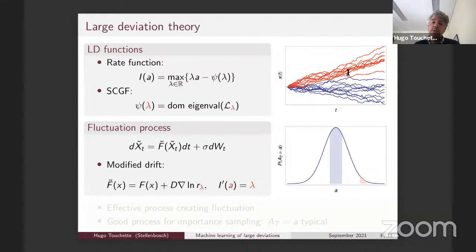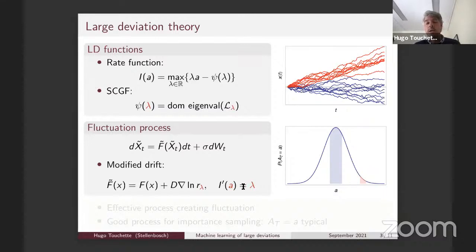So those red trajectories give rise to the fluctuation here. So in a sense, that fluctuation process is a modified process. It's an effective process that has those values of the observable as a typical value. So it describes how those fluctuations arise. And the little lambda parameter that you have there is a Lagrange parameter.